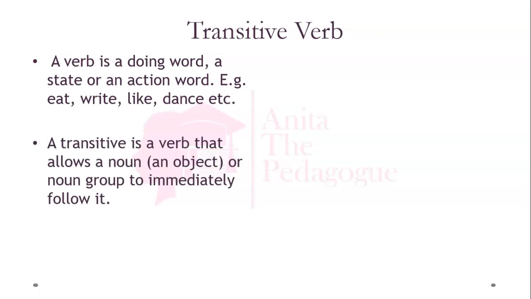A transitive verb is a verb that allows a noun or an object or a noun group to immediately follow it. So anytime you use a verb in a sentence and it allows you to put a noun or a noun group, that's an object, immediately after it, then that verb is a transitive verb.